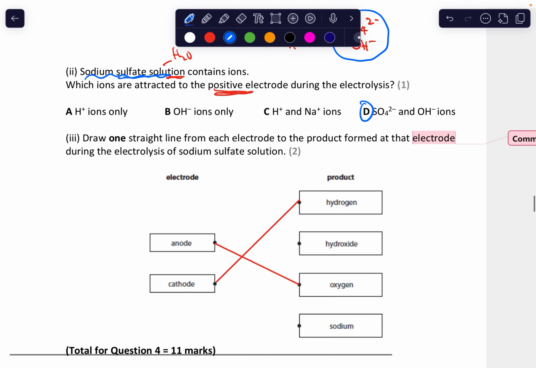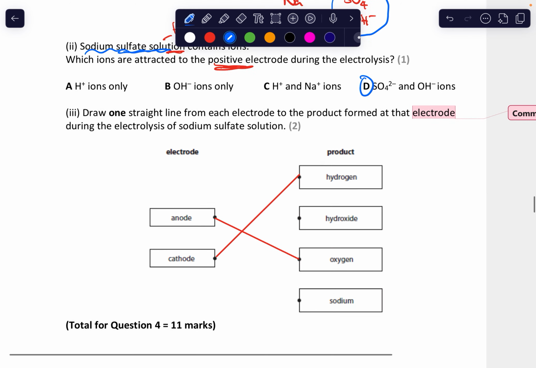And the last little bit, I've left the answers in from earlier on. It says draw a straight line from the electrode to the product during electrolysis. So we need to remember a rule in this process.